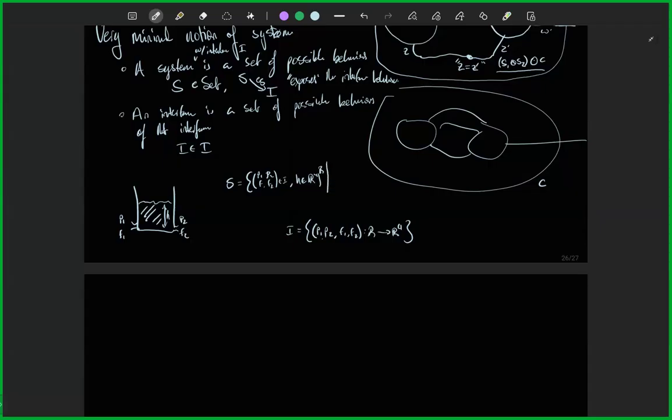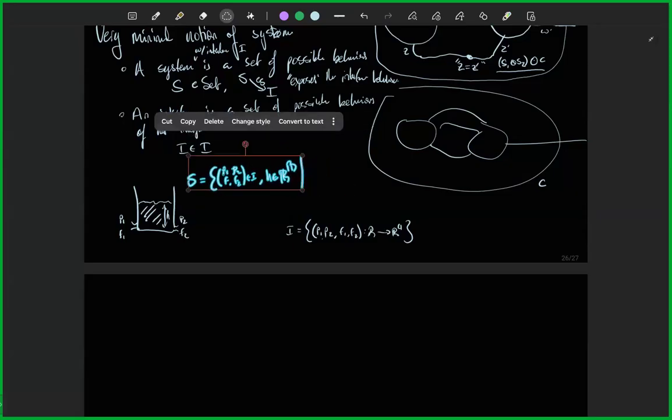But there's also going to be some equations that relate these. So maybe we have some equation that says, well, the way the height changes depends on how much is flowing in and how much is flowing out.